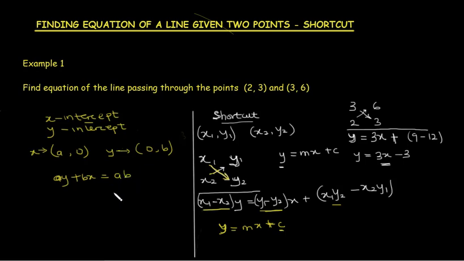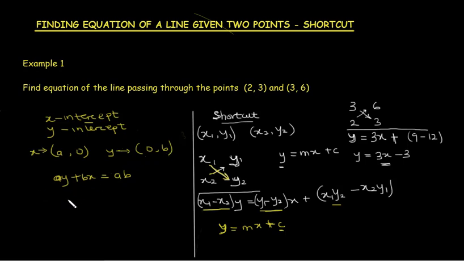So the only thing you have to do is: the x-intercept represents the coefficient of y, then the y-intercept represents the coefficient of x, then the c is found by multiplying both intercepts.